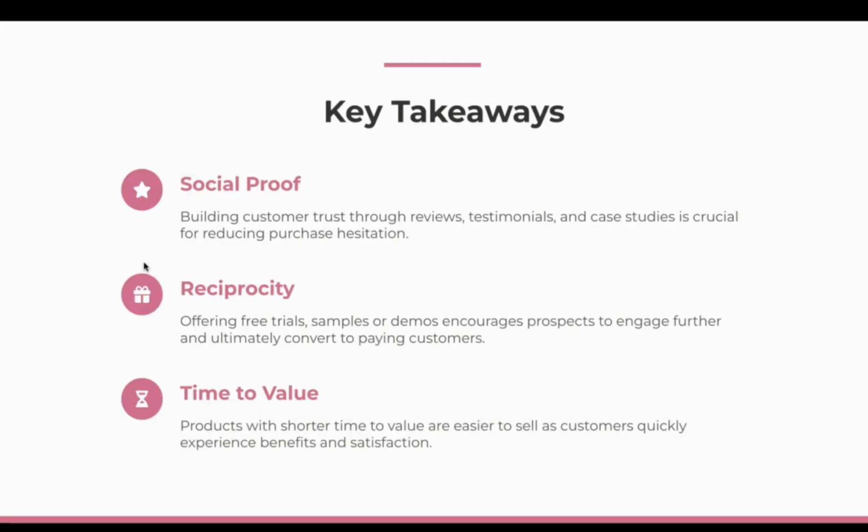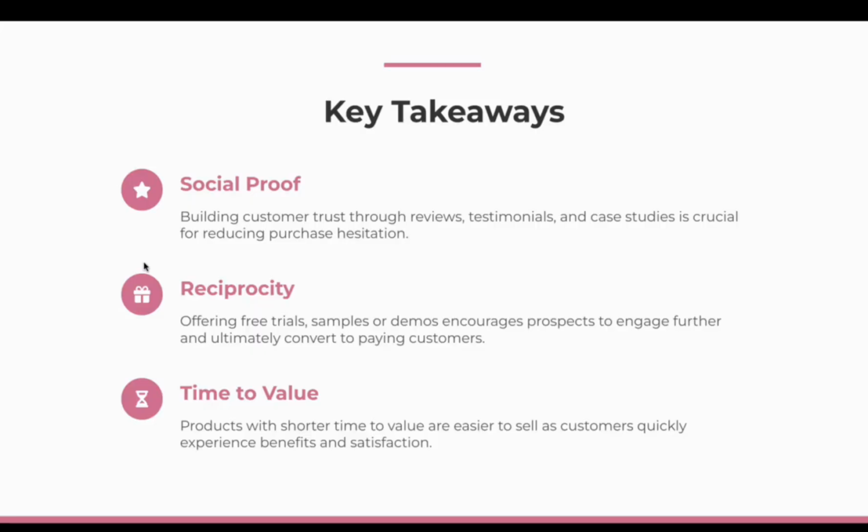So here are the key takeaways. Social proof is all about building trust through reviews, testimonies, and case studies, which is crucial for reducing purchase hesitation or buyer's remorse. Reciprocity is all about offering free trials, samples, and demos to encourage prospects to engage further and ultimately convert to paying customers.